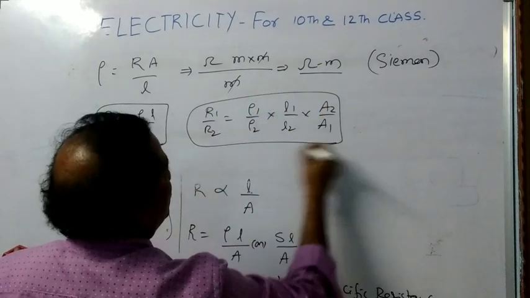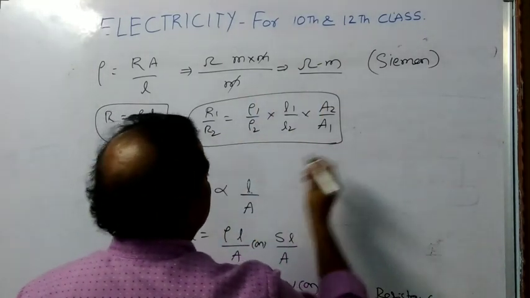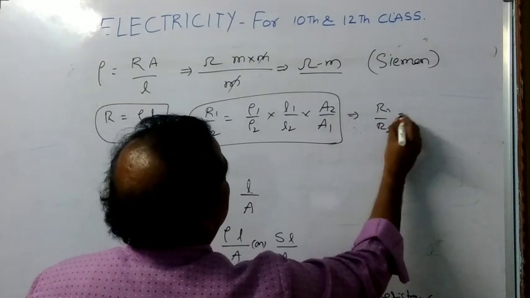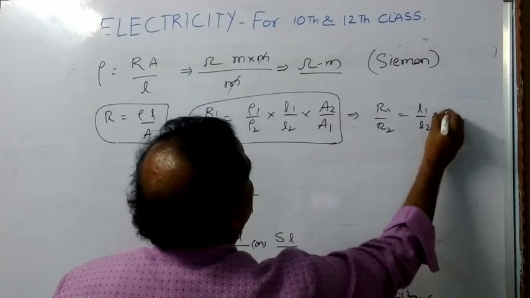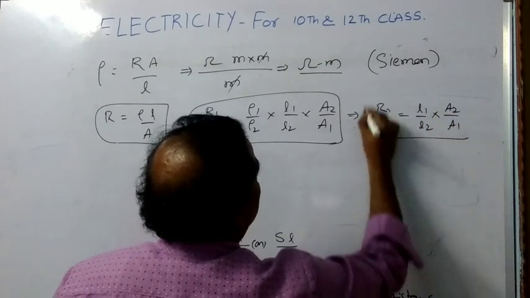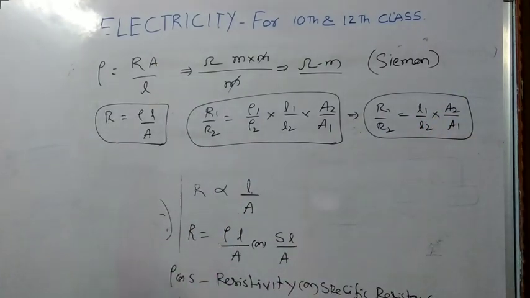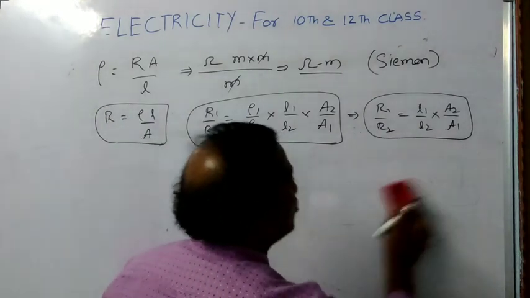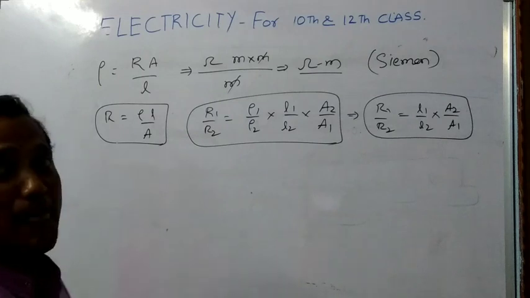This is one formula. If rho is constant, means same material, you can simply use R1 by R2 is equal to L1 by L2 into A2 by A1. This is another simple formula to find the new resistances. So here is a very important point for finding the resistances.